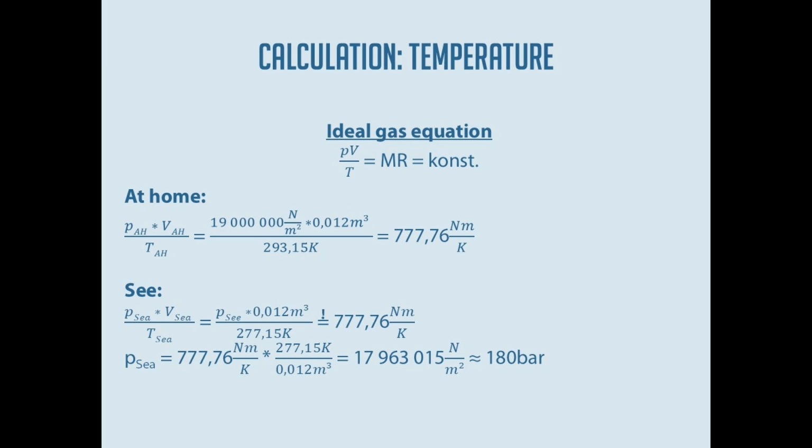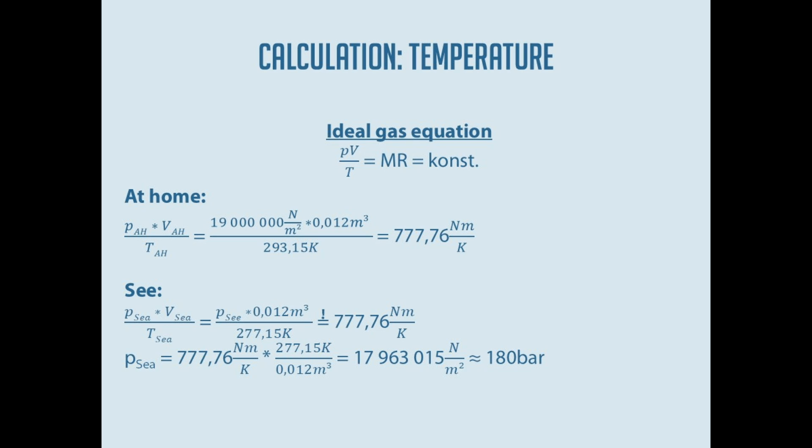So first the values for home, calculate everything, the numerical values are here, and we come to 777.76 Newton meter per Kelvin. Since we divided before by the temperature, we have of course also another unit.